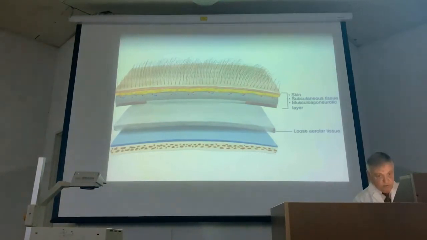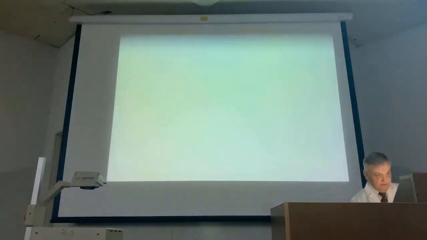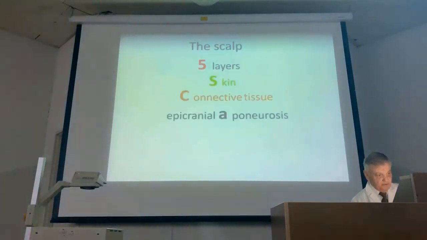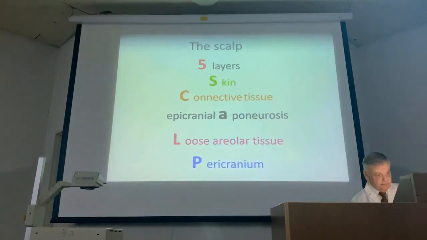And there is a loose areolar tissue between this one unit and the periosteum of the cranial bones. Five layers: skin, connective tissue, epicranial aponeurosis, loose areolar tissue, and pericranium. This is a single unit.